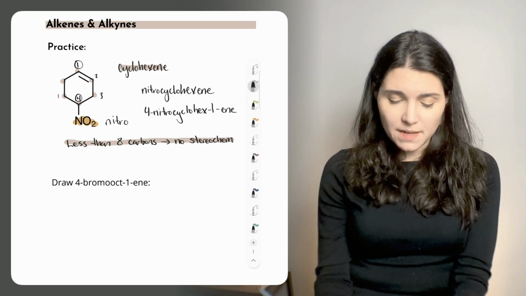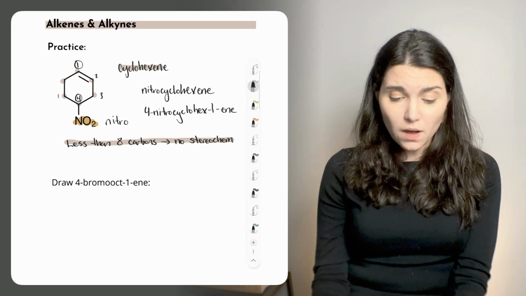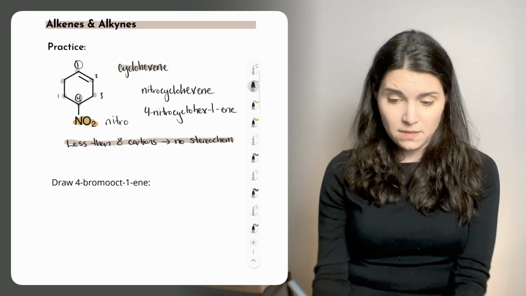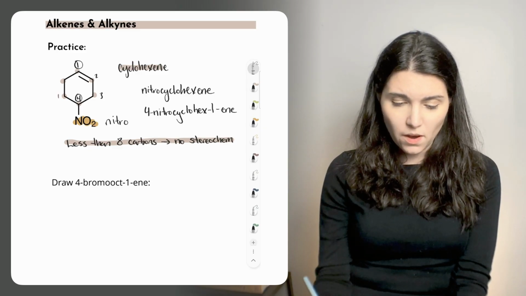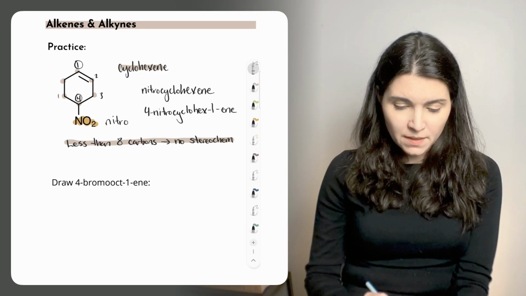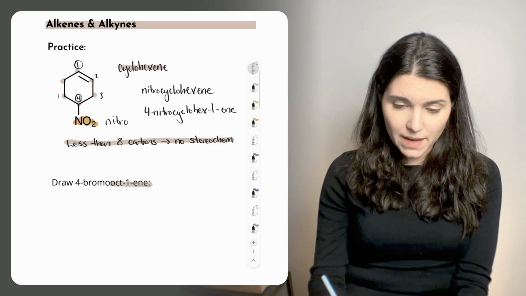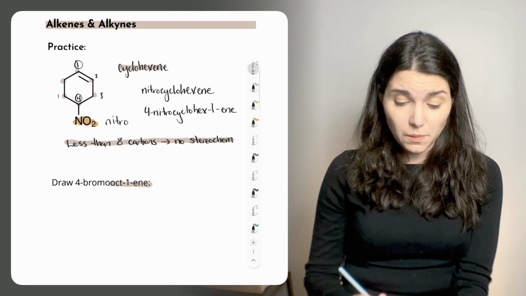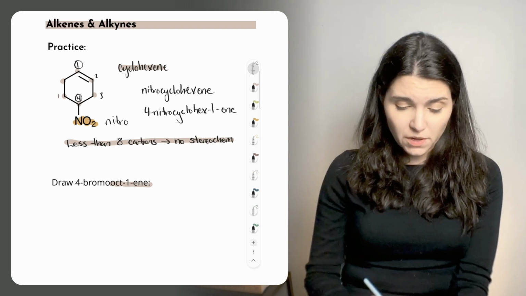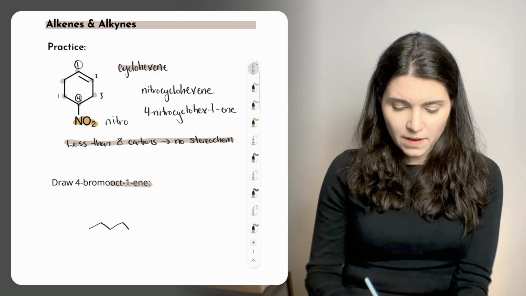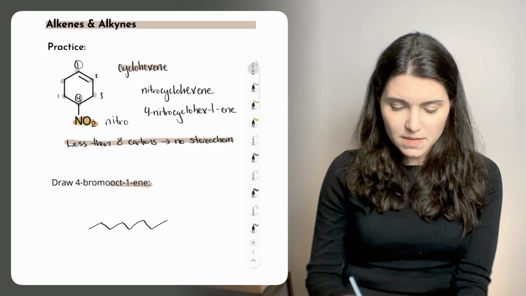Now the last example is another one where we're going to draw. So it's asking us to draw 4-bromo-oct-1-ene. So we'll start with our parent structure. So that's going to be an octene. So 8 carbons with a double bond coming from the first carbon. So 1, 2, 3, 4, 5, 6, 7, 8.